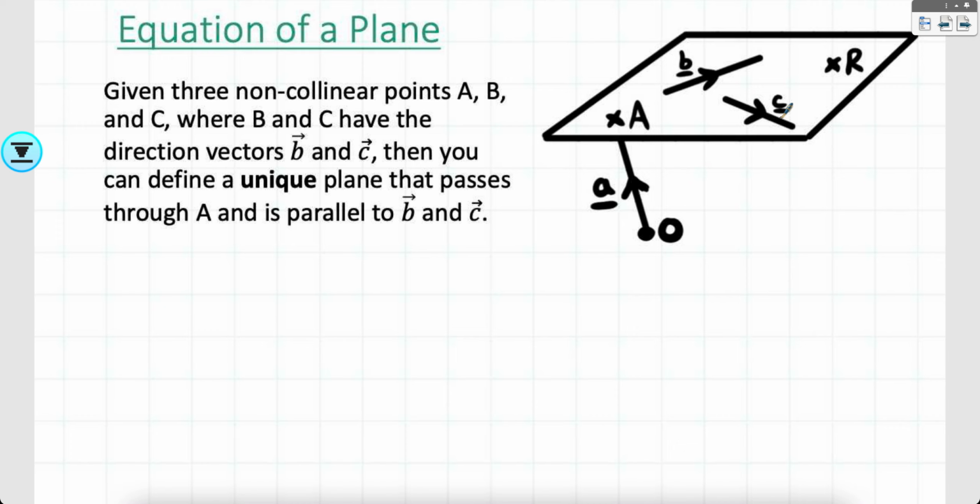Quite similar to a straight line. The equation would go through a point and it has one direction vector, but for a plane you need two direction vectors, so that's the main difference.